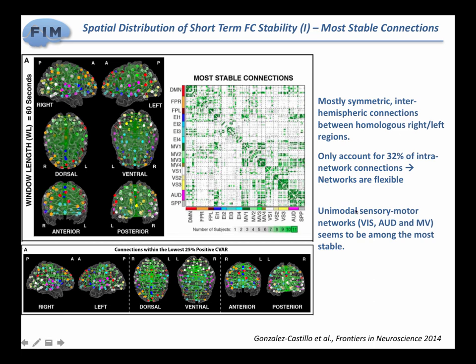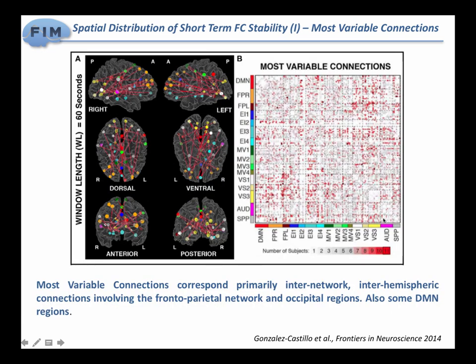The most strongly connected stable ones seem to happen between sensory motor networks. On the opposite end of the spectrum, the most variable connections tend to correspond primarily to internetwork interhemispheric connections, mostly between frontoparietal and occipital regions.